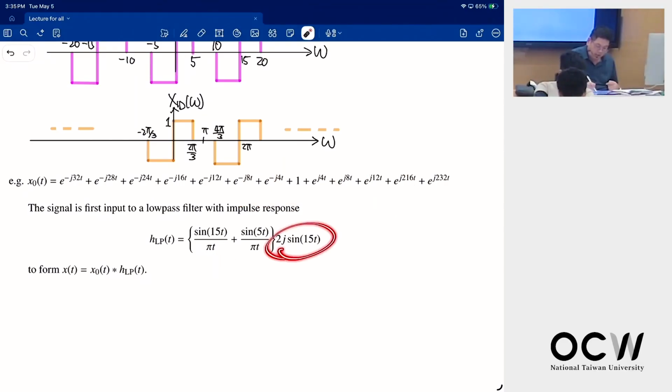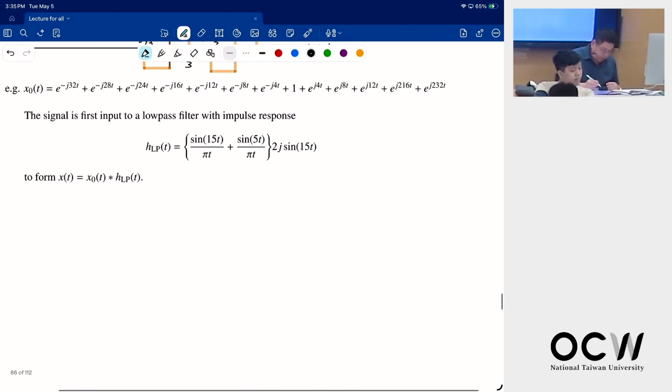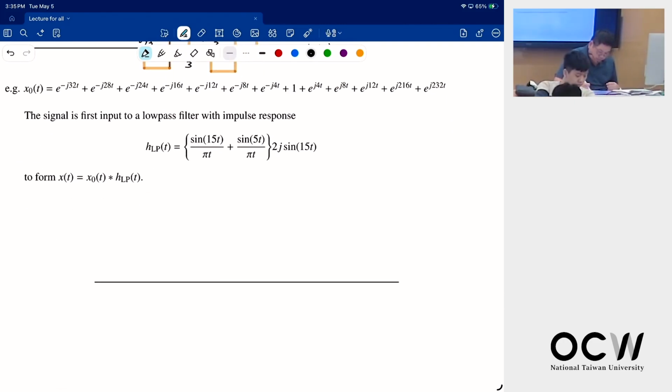Okay, and then you times 2j sine. So you shift to the right and shift to the left and reverse. You should get the low pass filter.